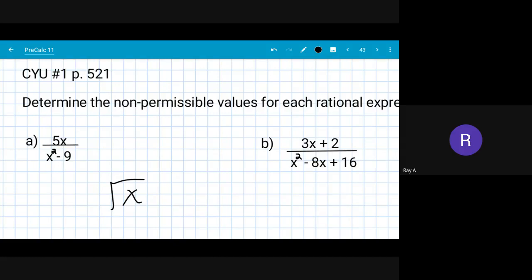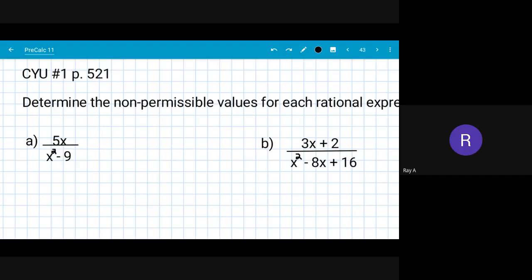I'll say it once again. The root of x will have a domain which is greater than or equal to 0, because it is not defined when x is less than 0. The same idea, except that this time, instead of the x being inside a radical, it is in a denominator.